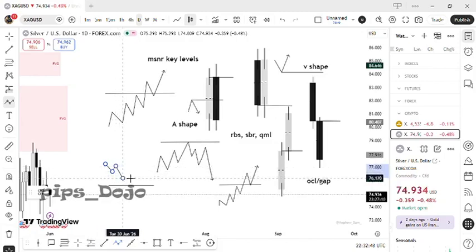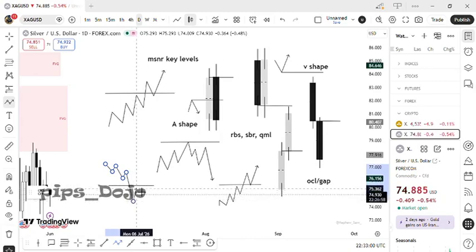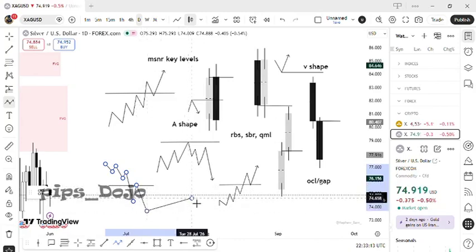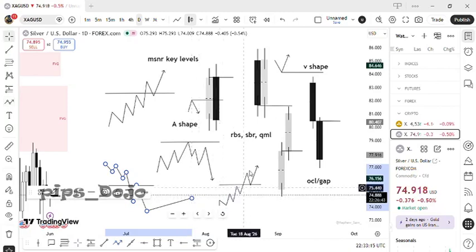We have the higher highs, higher lows, and so on and so forth. So instead of price rejecting and holding, it failed to hold, then price breaks through, and then it becomes, from a support, a resistance now. So that is simply the RBS and the SBR.